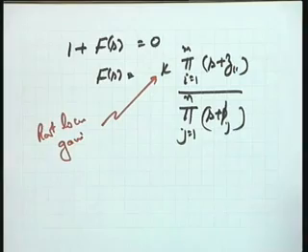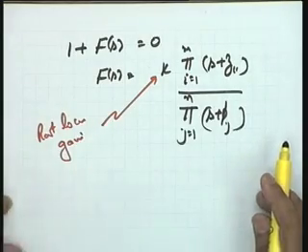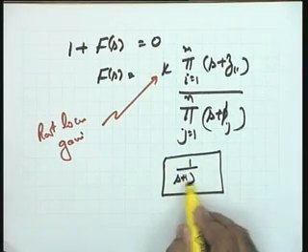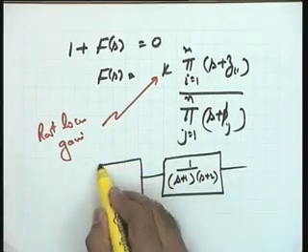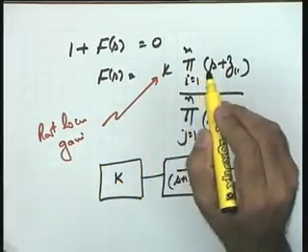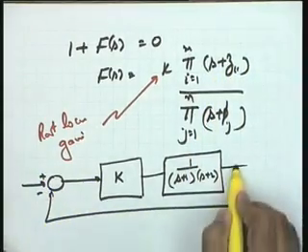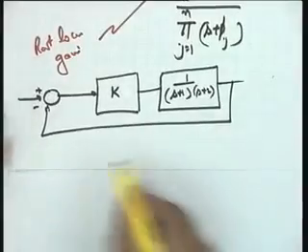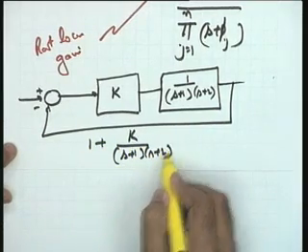To give you a typical example of applications, let us see how a real life problem will be transformed into this particular form. A simple example we have already discussed could be that of a plant. Let us say the plant is 1 over (s plus 1)(s plus 2). This is your plant model, and the parameter under consideration is the amplifier gain K. In that case, the closed loop system has a characteristic equation given by 1 plus K over (s plus 1)(s plus 2) equal to 0.